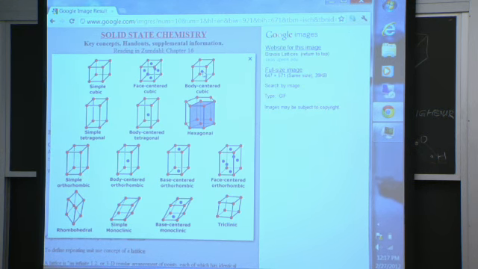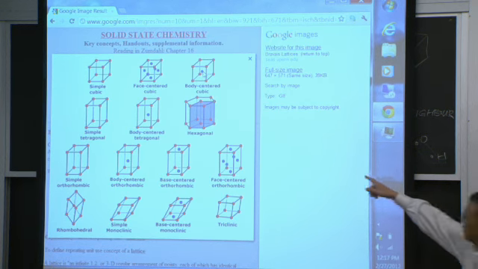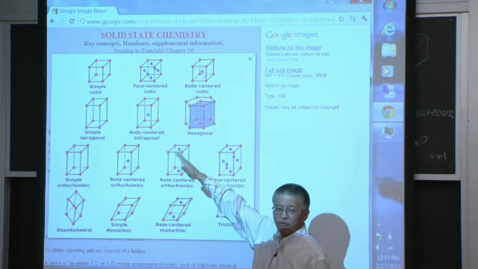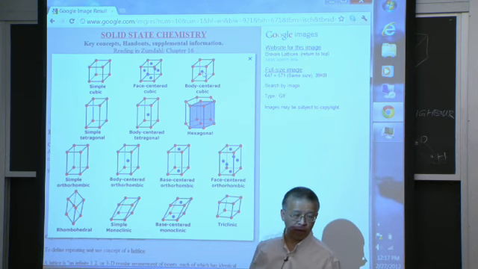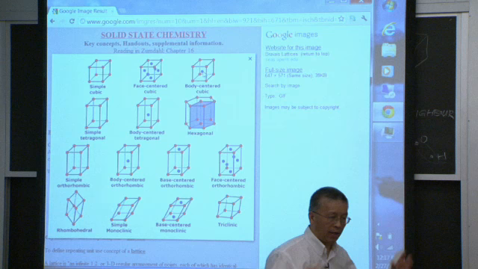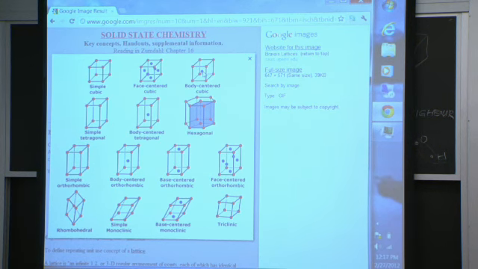How about face center? If I put a lattice point at every face, I get a face-centered cell, with 4, because you have 6 faces and every face is shared by 2, so that's 3, plus 1 from the 8 corners. Altogether they form a total of 14 types.